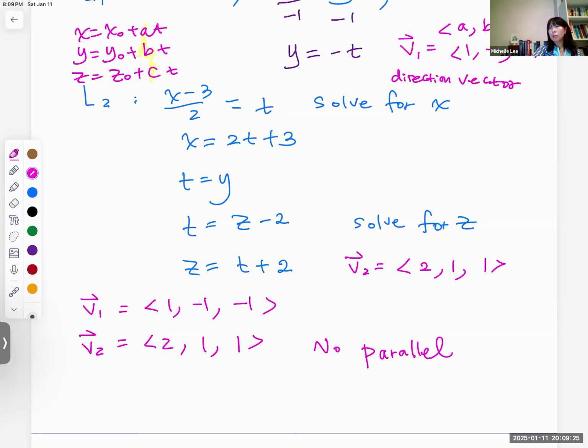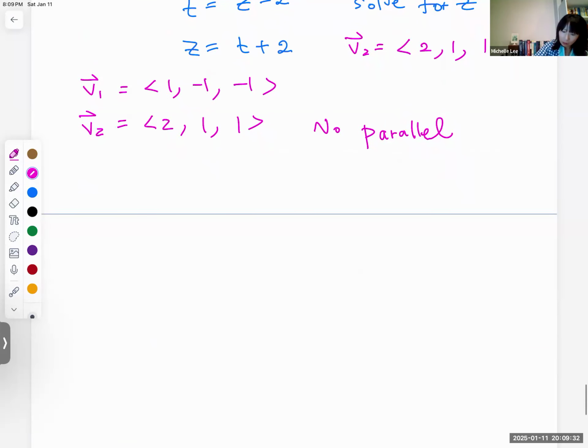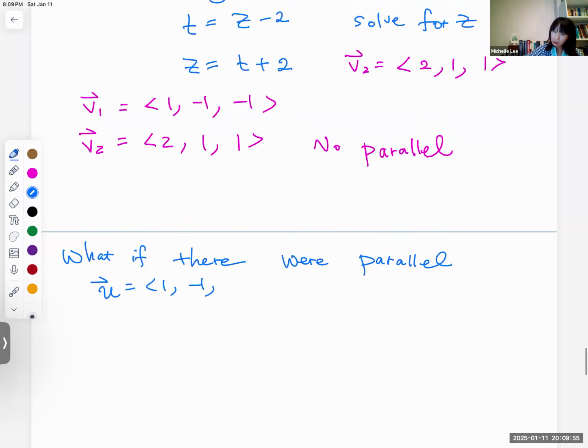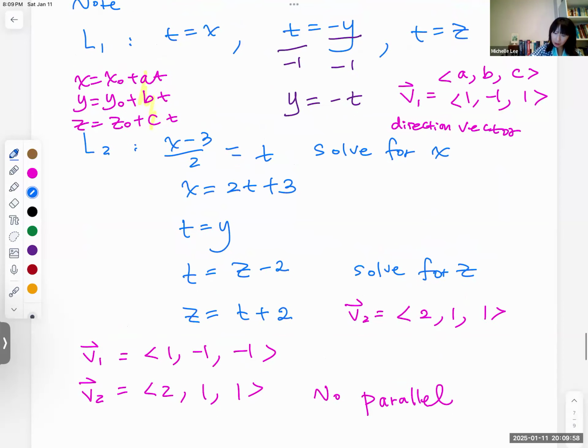What if they were parallel? So we might think about the scalar, right? If we have V sub 1 equal to 1, -1, 1, oh, copied wrong, positive 1 there, right?